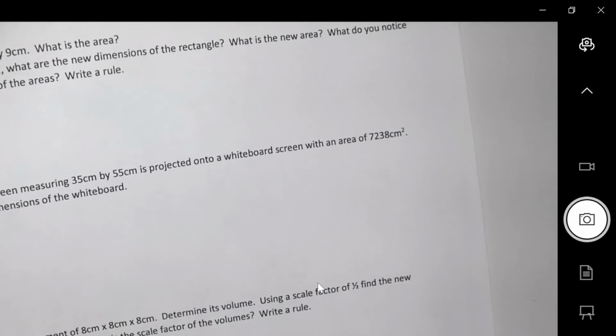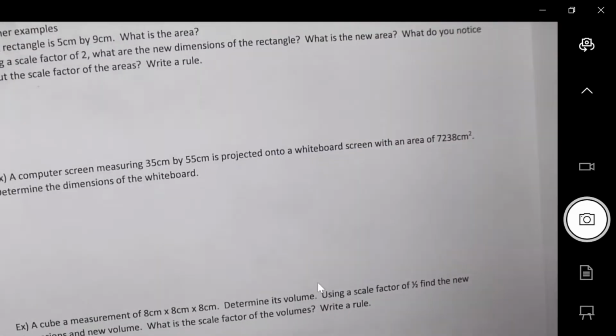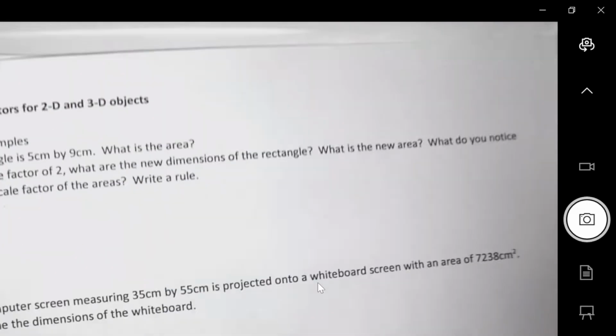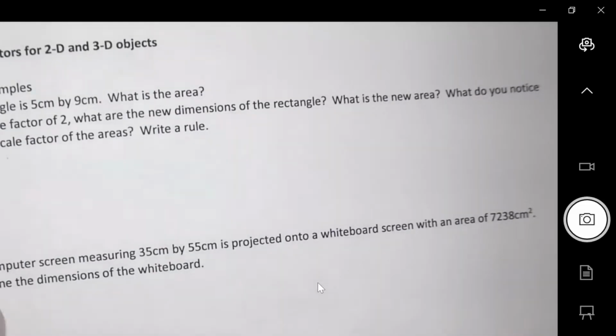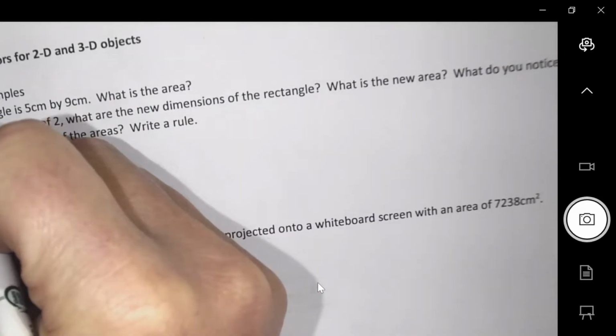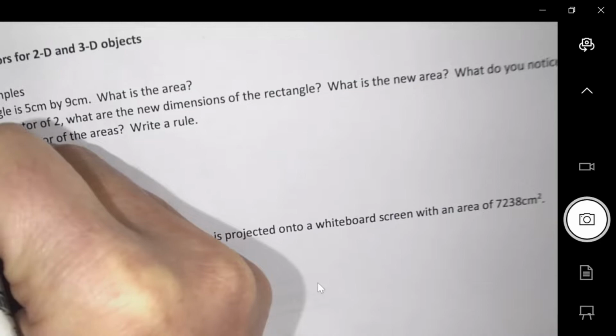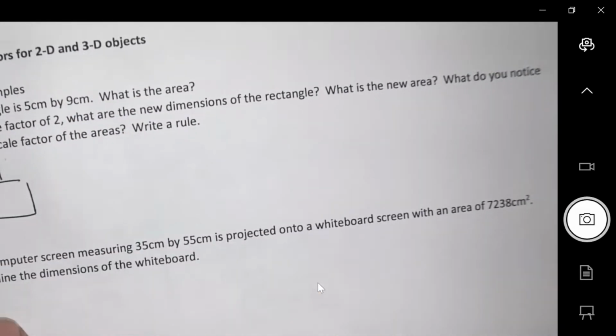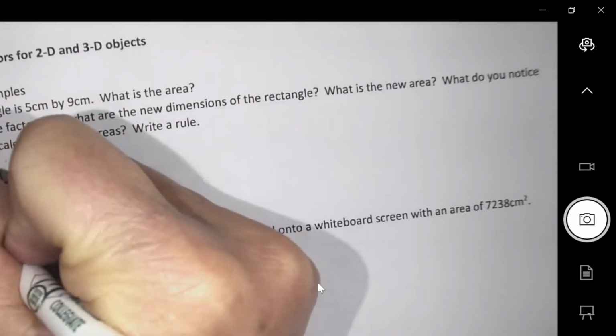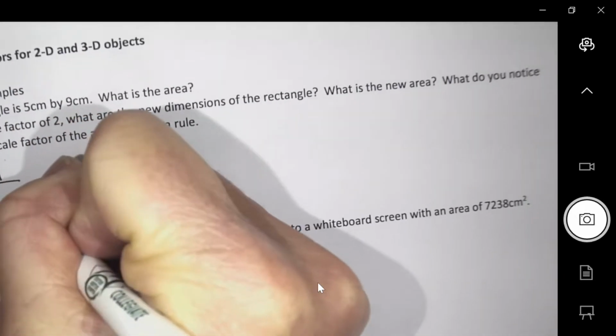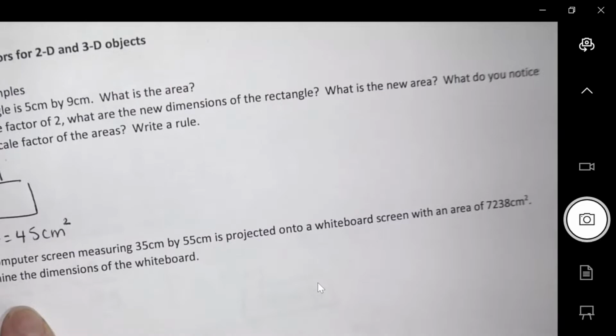It's nice to see visuals so you can kind of make sense of it. Okay. Here we go. Our examples. A rectangle is 5 by 9. You don't have to draw. I'm just a drawer. What's the area? So 45 centimeters squared.